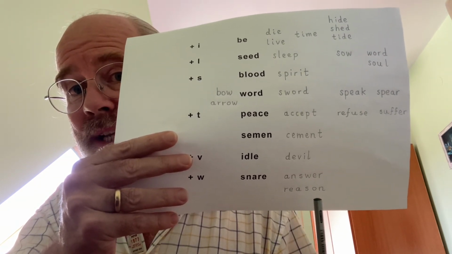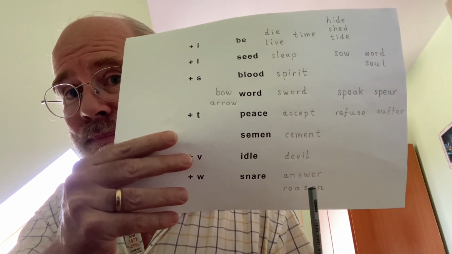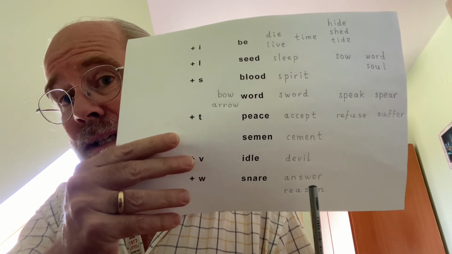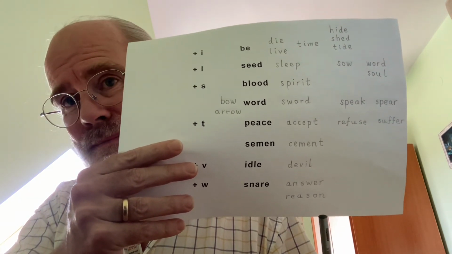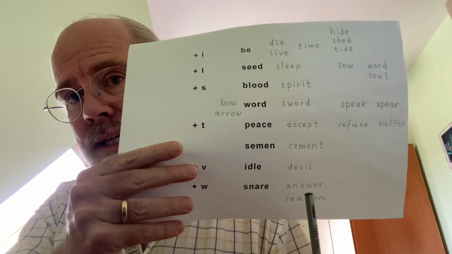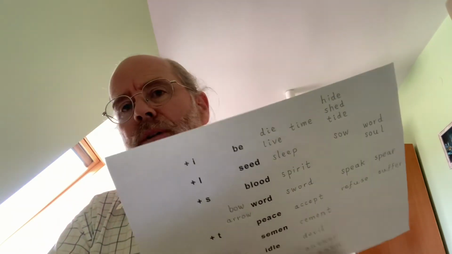S-N-A-R-E with the addition of the letter O. Here we added the letter W. But remember that the letter W is the Greek omega. So it's clearly connected with O. And reason also can be a snare if we rely too much on our reason.